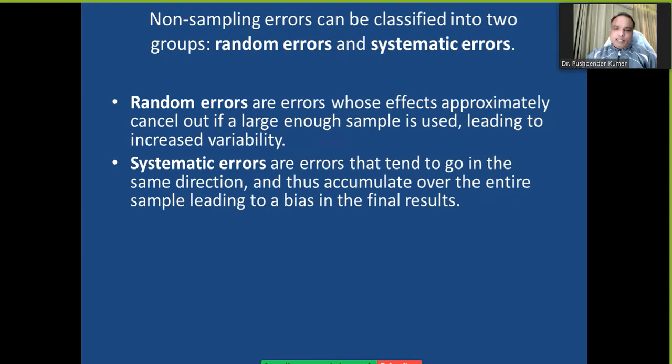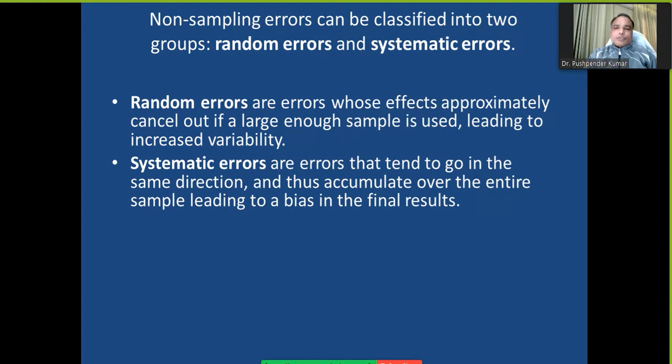It's a bias, right? So this whole sample will go in a direction where you will have the answer yes. So this is a systematic error, that you have created systematically in the whole questionnaire.